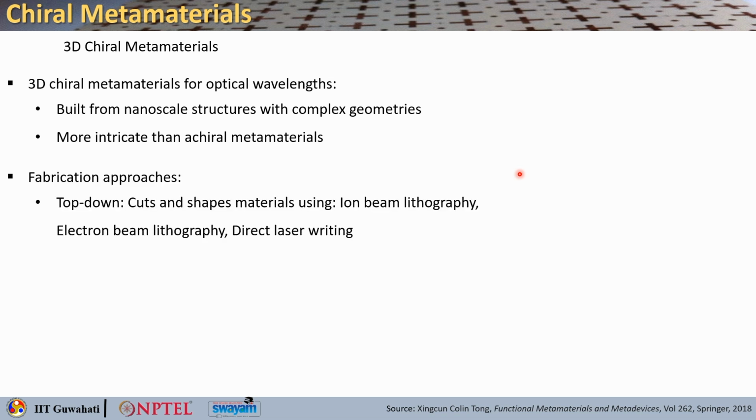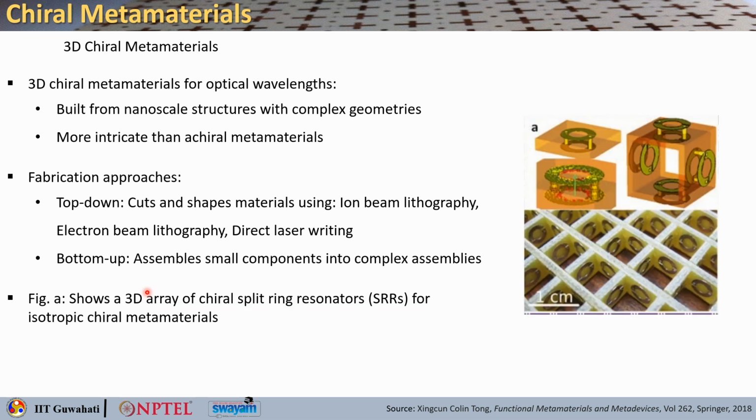So, the fabrication processes typically involve top-down methods, something like cutting and shaping of the materials using ion beam lithography or electron beam lithography or even direct laser writing. If you think of bottom-up assembly, they will basically deal with assemblies of small components that add up to give you complex shapes. Okay.